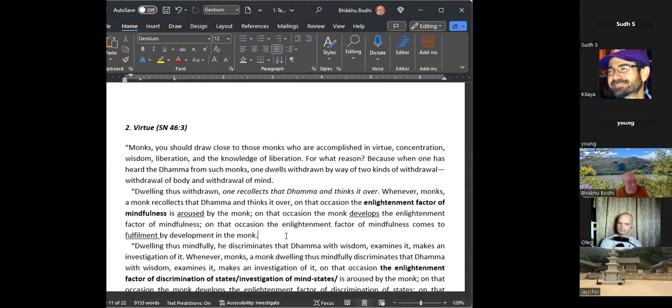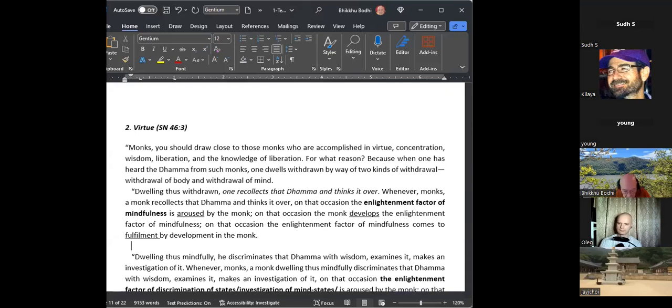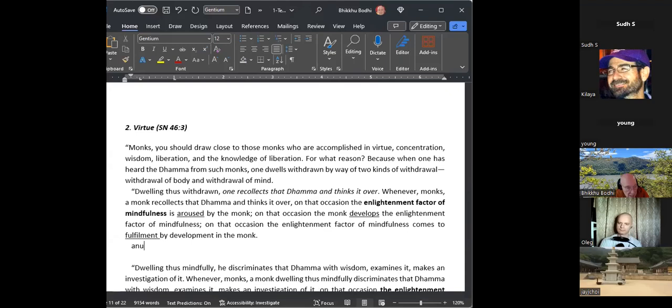Yeah, exactly. There is a connection. The original meaning of sati, before it was taken over by the Buddha, was memory, remembrance. And so we have the word here that's translated as recollect. In Pali, it's anusarati.